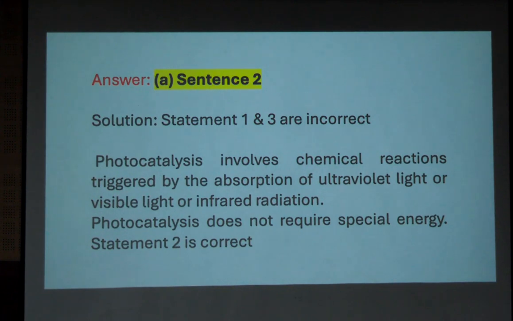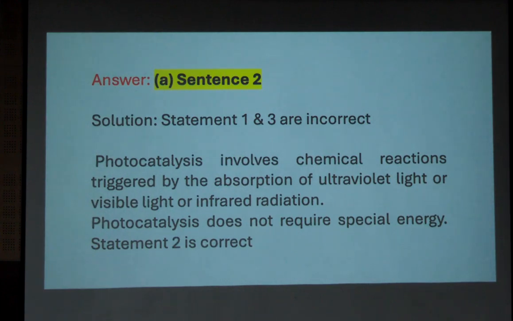Because when you say special, it means only one or a few. You can use a light source in the laboratory, or you can use a source like sunlight. You can use a xenon lamp having a certain wavelength, or an LED light having a certain wavelength.